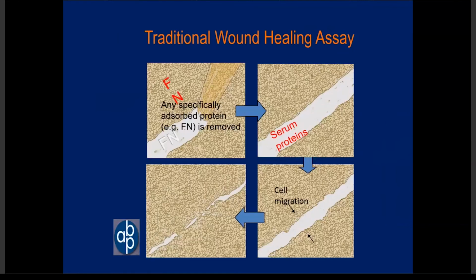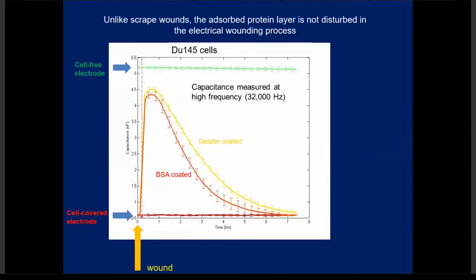With ECIS, though, and the wound healing assay, it's different. Here we're looking, and I apologize, at capacitance, which is another way to monitor cell coverage. It's data that's given out all the time by the instrument, and it can be related to the degree of cell coverage, but as cells go down, they block the electrode capacitance, and when you wound them, the capacitance comes up.